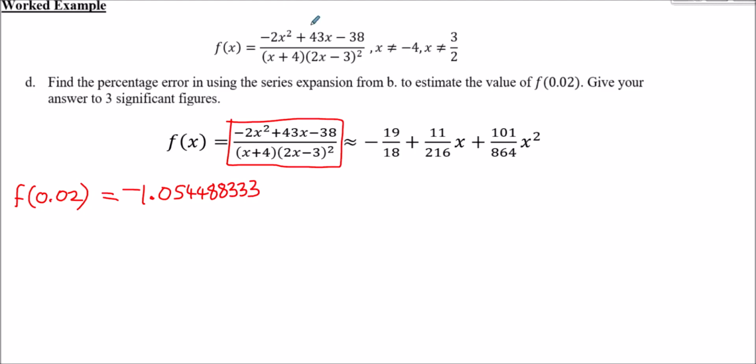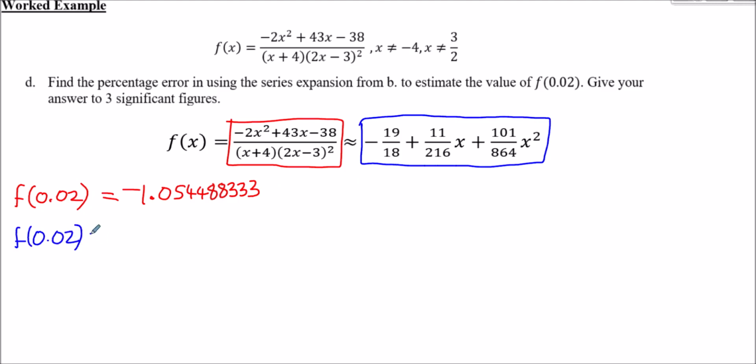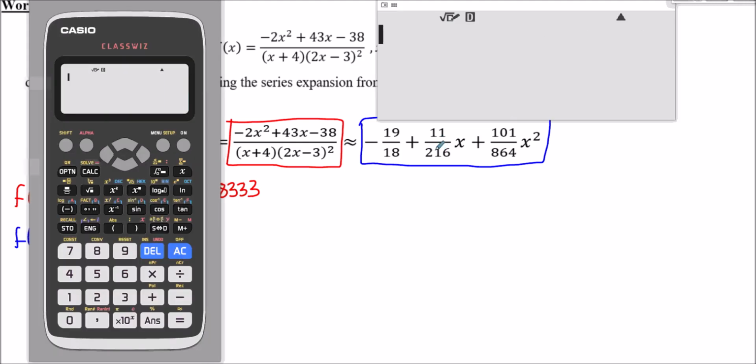Whereas our binomial expansion approximation, we get f of 0.02 is roughly, well, let's see. So we're just going to pop in 0.02 into this.